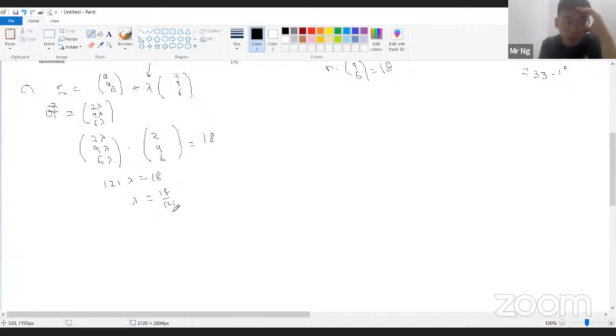So your foot of perpendicular will be equal to 36 over 121, 162 over 121, and the third over 121.